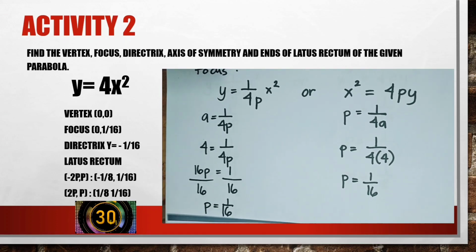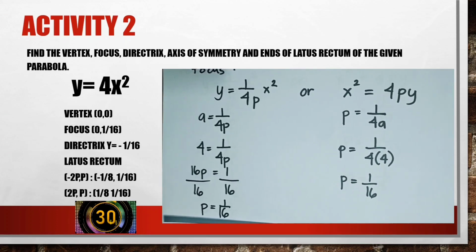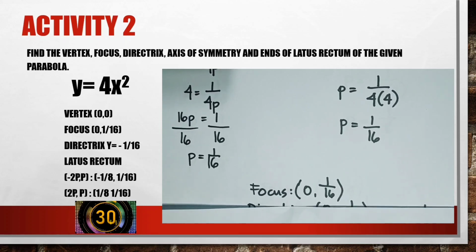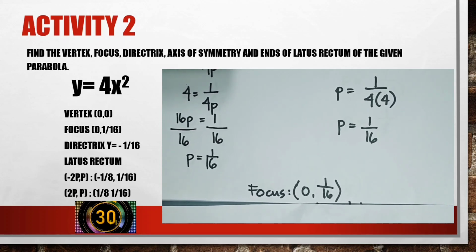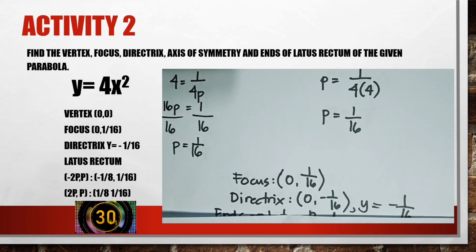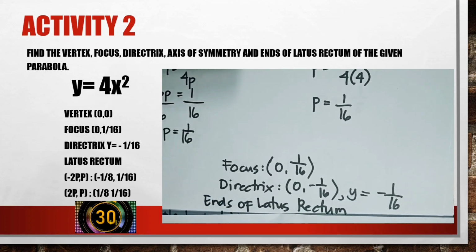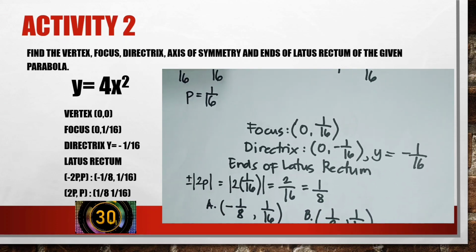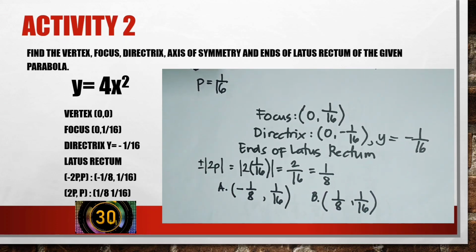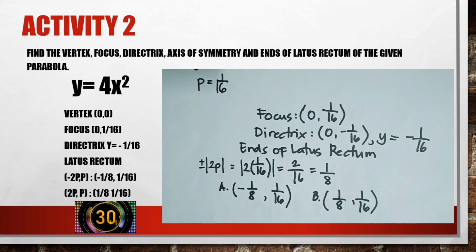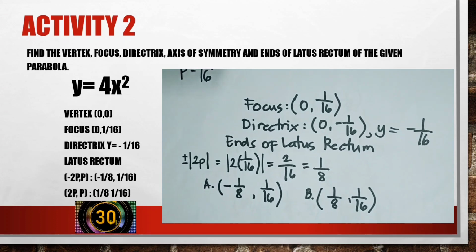Same process with x squared is equal to 4py. Finding the value of p is equal to 1 over 4a. Substitute the value of our a, which is 4: 1 over 4 times 4 is equal to 1 over 16. Therefore, the focus is 0, 1 over 16. The directrix is y is equal to negative 1 over 16.